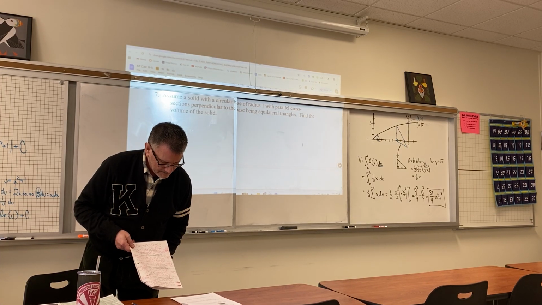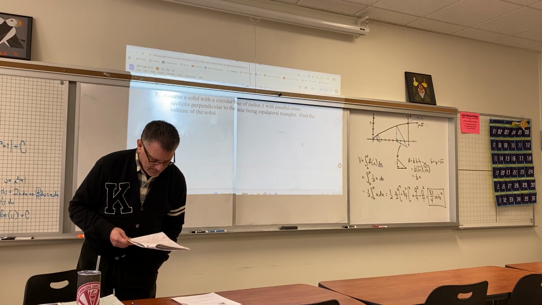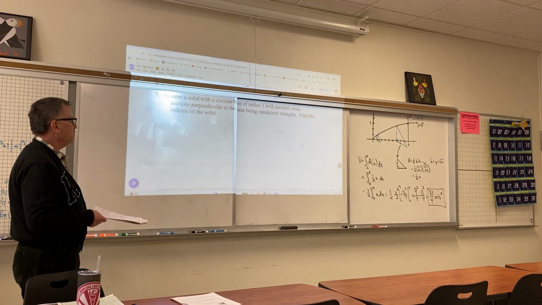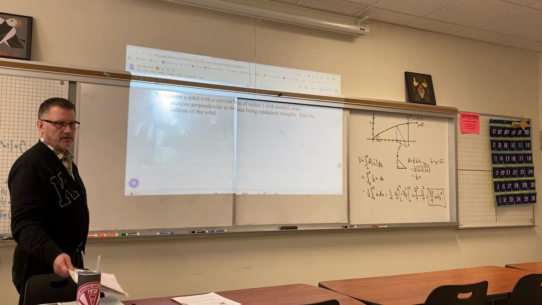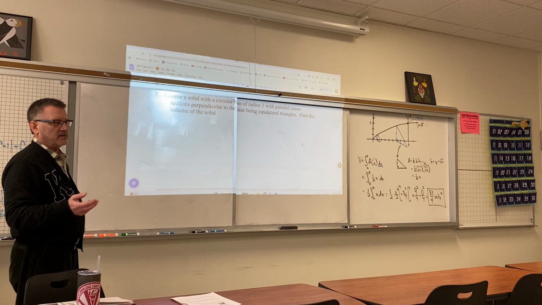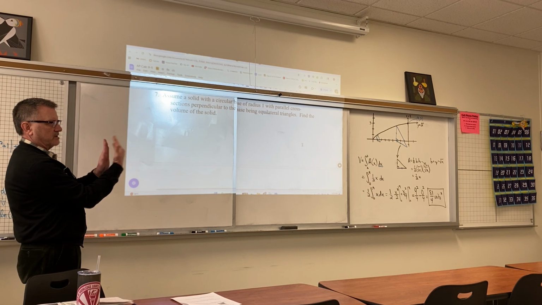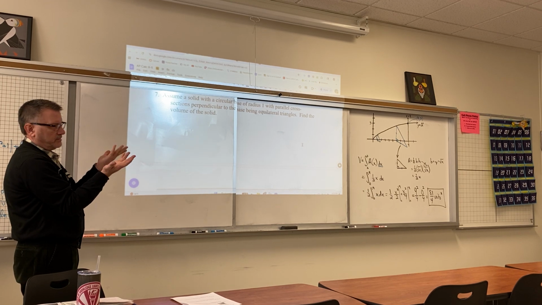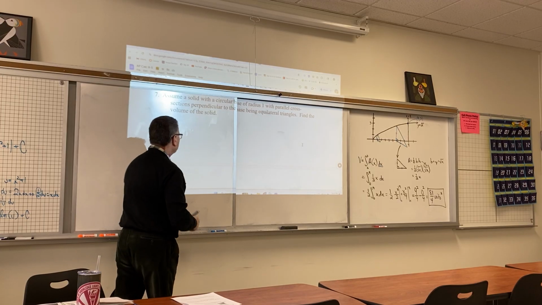Perpendicular to the base. It won't really matter if you make it go across the y-axis or the x-axis, I'll show you, because it's an equilateral triangle and it's a circle. So it's going to go as much in that direction as it's going to go in that direction. But we'll draw it.